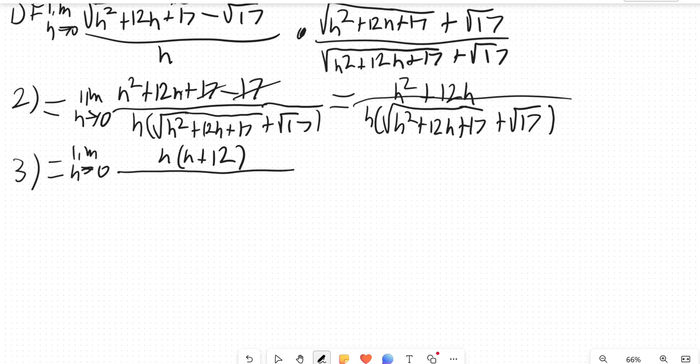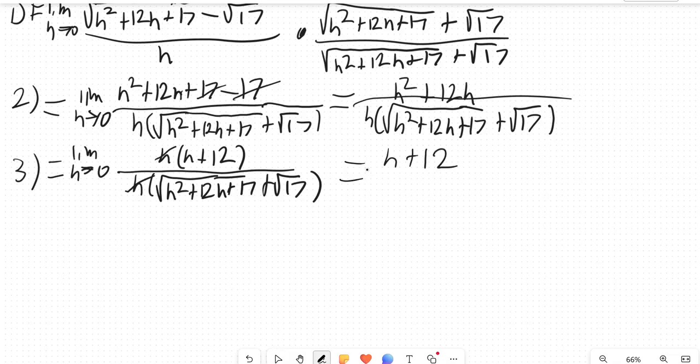And our bottom will stay the same. We would just cancel out the h up here and cancel out the h down here, leaving us with h plus 12 over square root of h squared plus 12h plus 17 plus square root of 17.